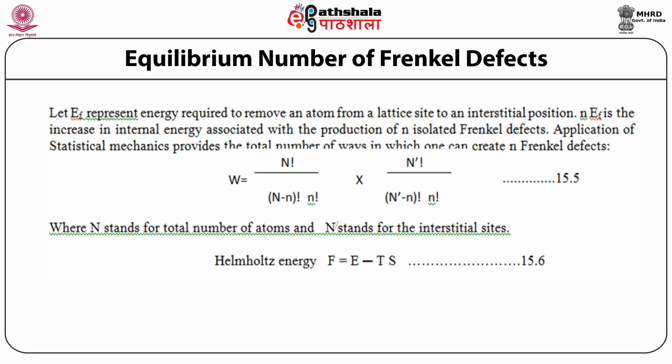Application of statistical mechanics provides the total number of ways in which one can create small n Frenkel defects. W is equal to capital N factorial over capital N minus n factorial, small n factorial, cross N prime factorial over N prime minus small n factorial, given as equation 15.5, where capital N stands for the total number of atoms and capital N prime stands for the interstitial sites.